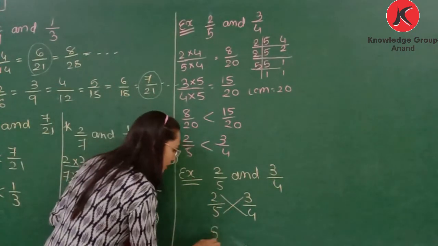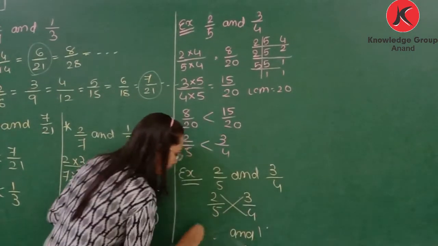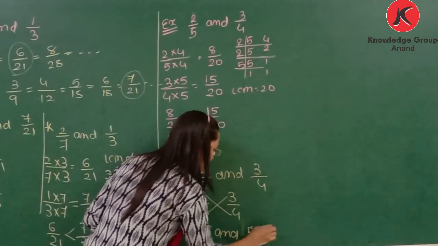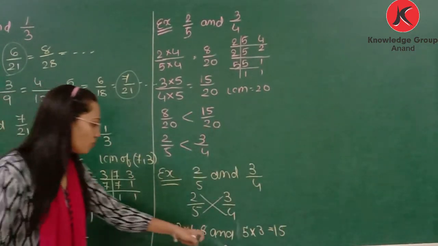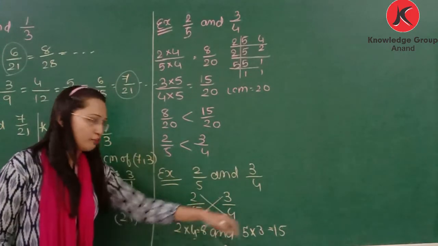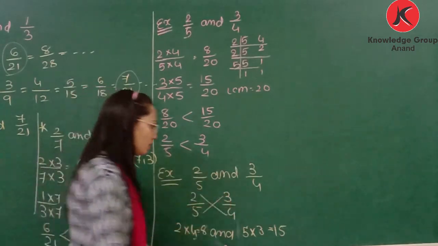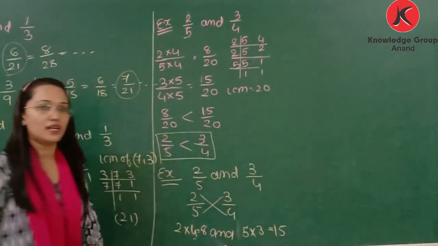So we will have 8 and 5 3s are 15. This is another way to compare fractions. Now which one is greater, 8 or 15? 15 is greater, that's why 3 by 4 will be greater. So you can write 2 by 5 is less than 3 by 4.